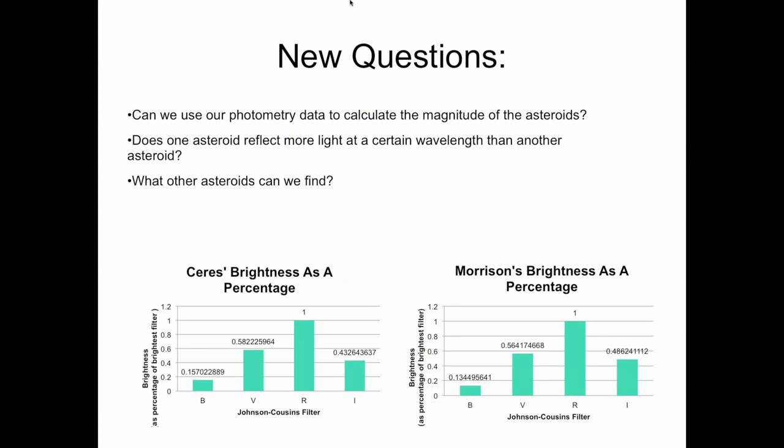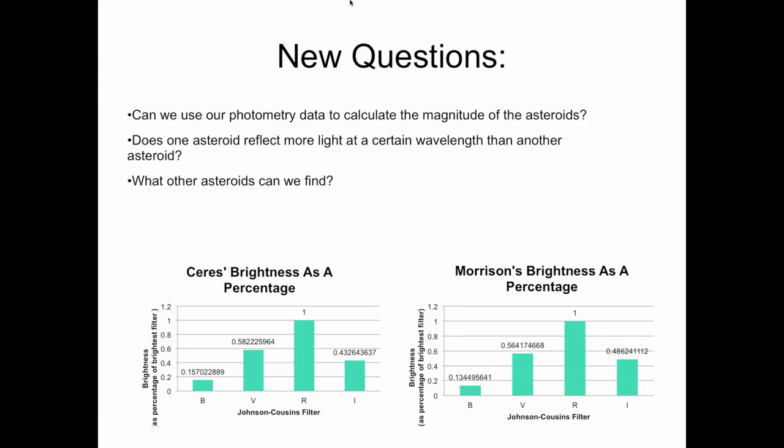Some really interesting graphs that Chris also made: he made the R filter be what we would consider in the experiment the brightest filter. Well, it's the brightest for this filter, and then did a sort of ratio comparison with the other filters.